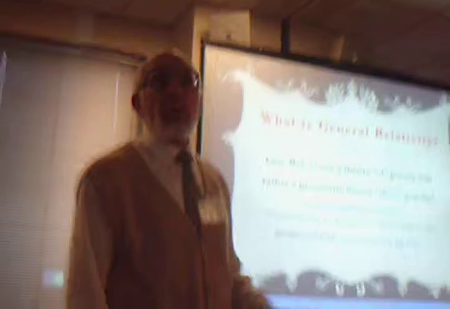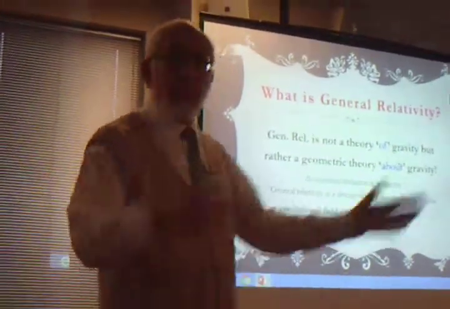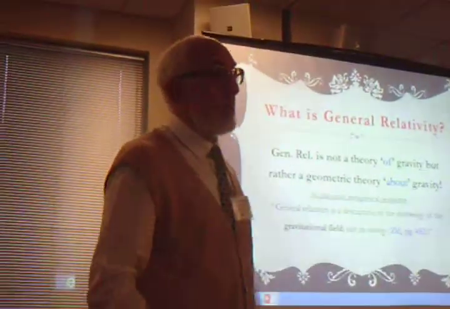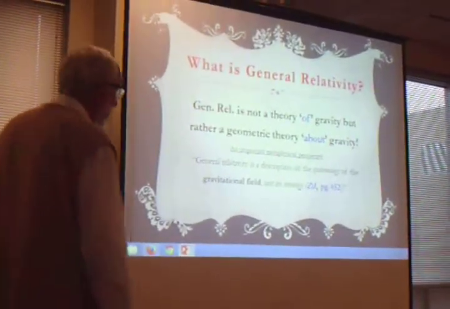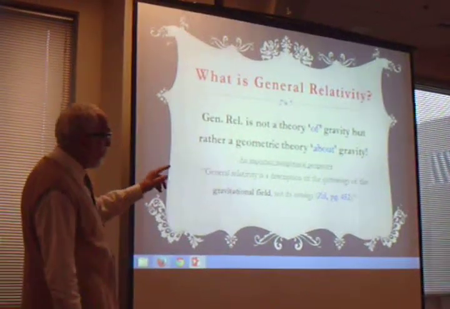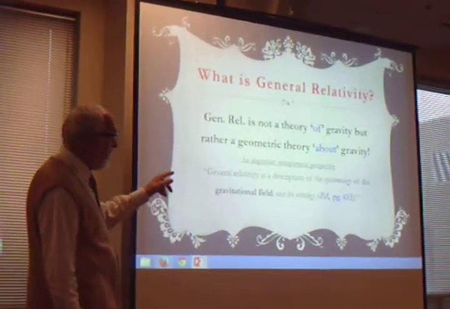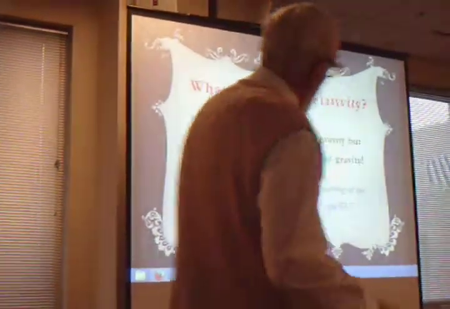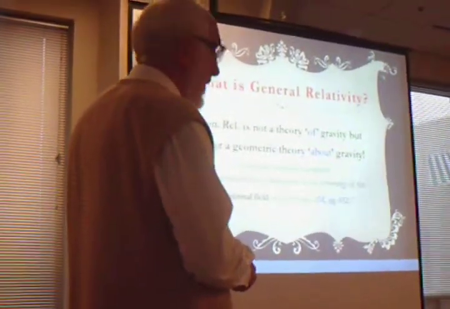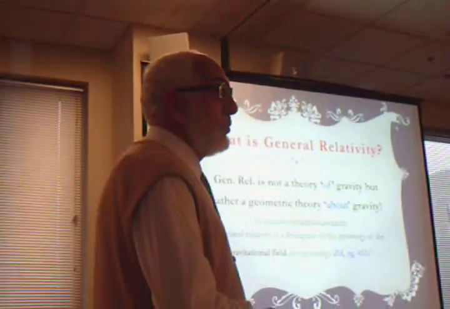And I said, okay, then we're not having a theory about gravity. It seemed more like a theory of gravity. I think the evaluation and discussion of that is still ongoing. General relativity is a description of the epistemology of the gravitational field, not its ontology. Well, I'll leave that.